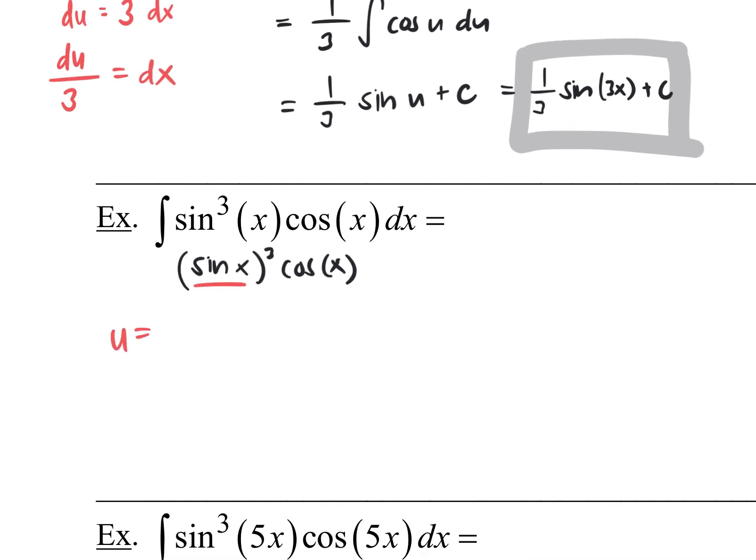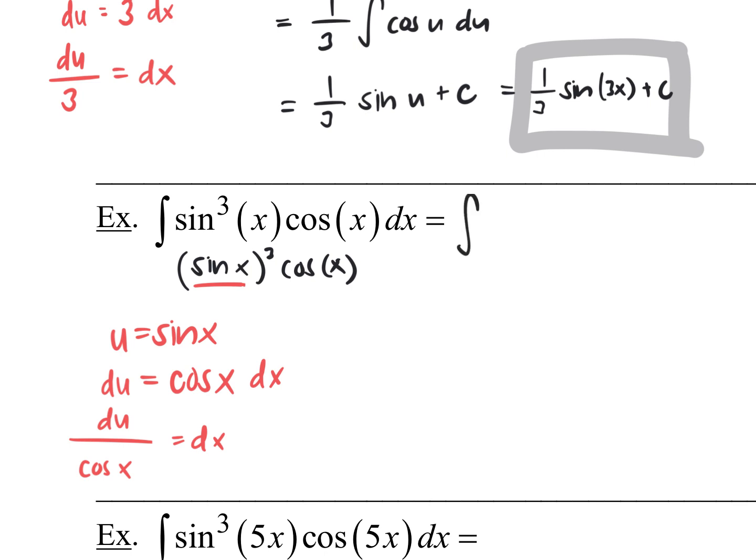So u is equal to sine of x, which means du, the derivative of sine, is cosine of x dx. And then this would be du divided by cosine of x is equal to dx. Okay, so now I can rewrite my integral.